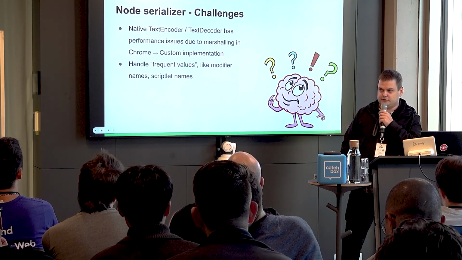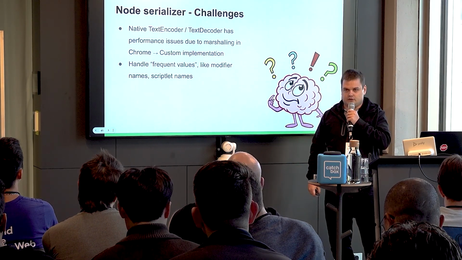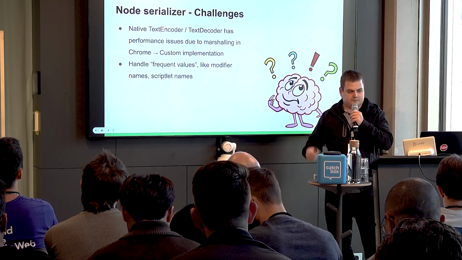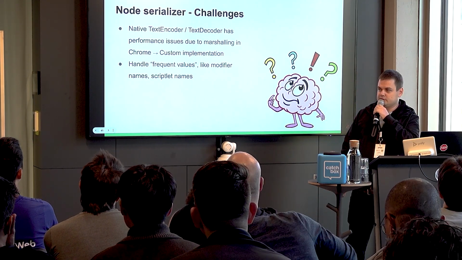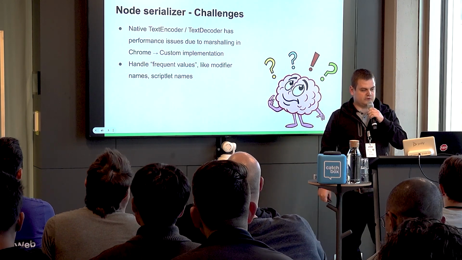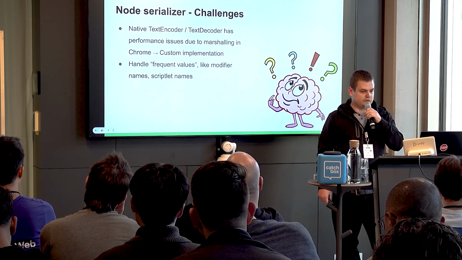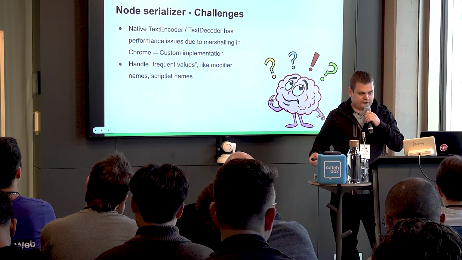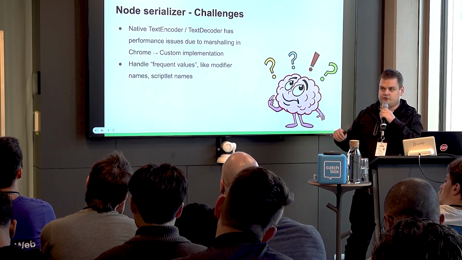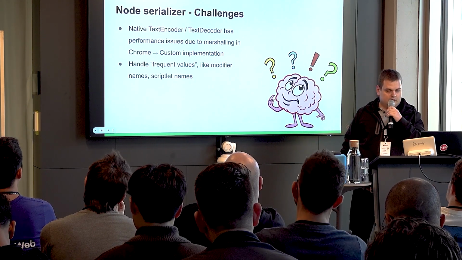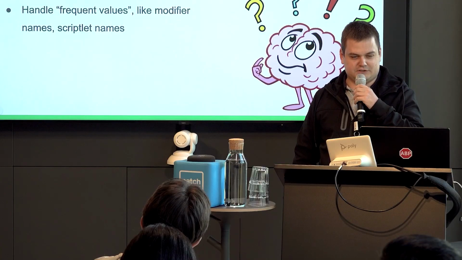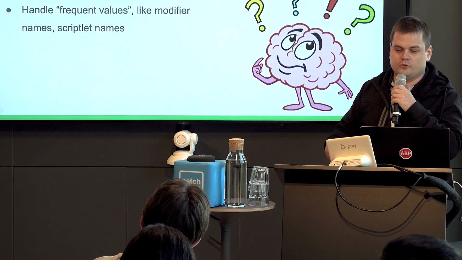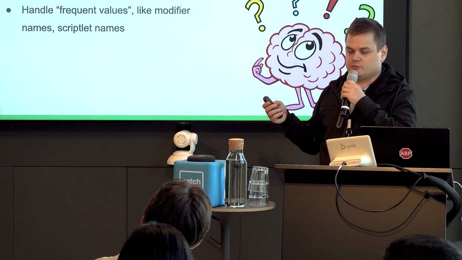And there are some open issues even for Node.js about this problem. The second challenge was handling so-called frequent values, such as numerous modifier or scriptlet names. Instead of serializing and deserializing this data as strings, we assign them a numerical code and use a map to match these codes to modifier and scriptlet names.